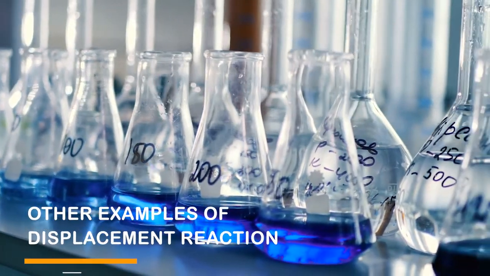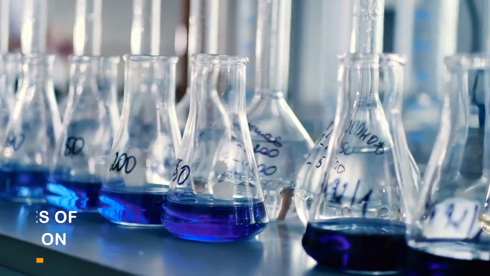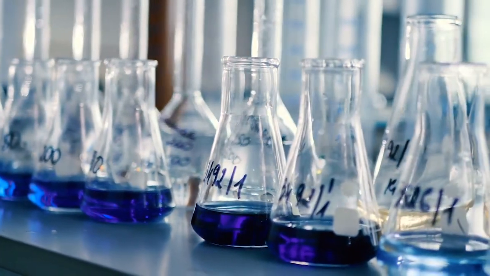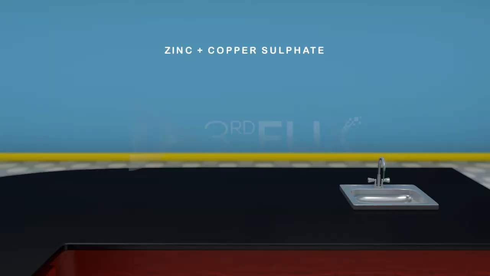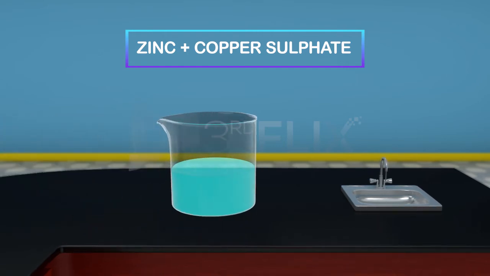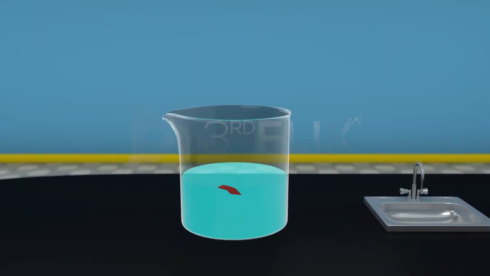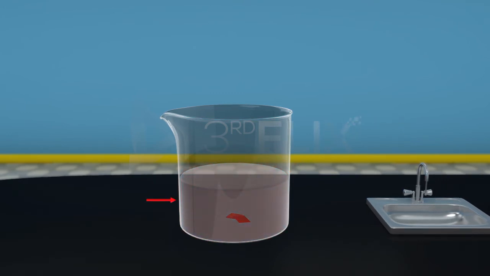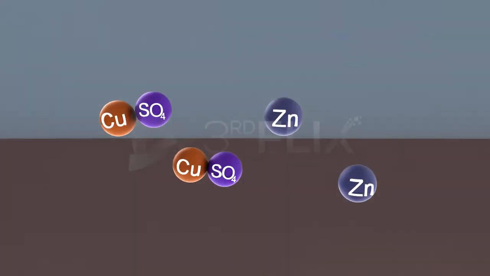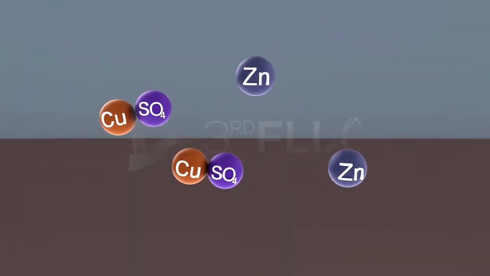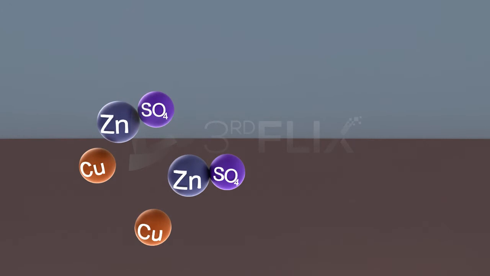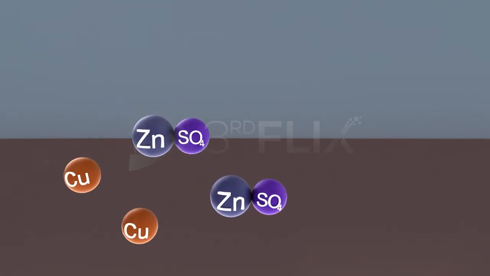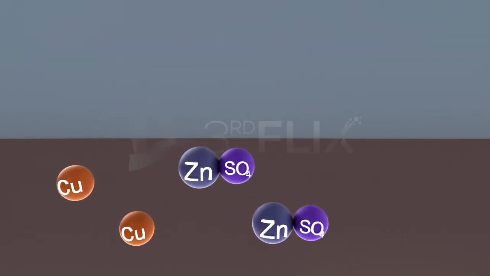Other examples of displacement reaction. One. Zinc plus copper sulfate. When a zinc piece is dropped into the copper sulfate solution, the blue color of the solution fades away. In this reaction, zinc is more reactive than copper, and hence it replaces copper from copper sulfate solution.